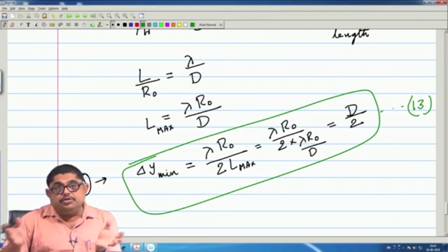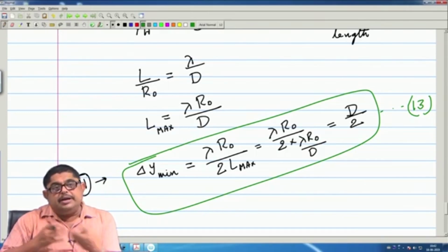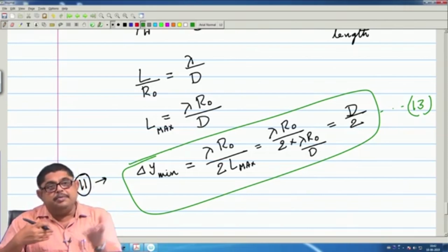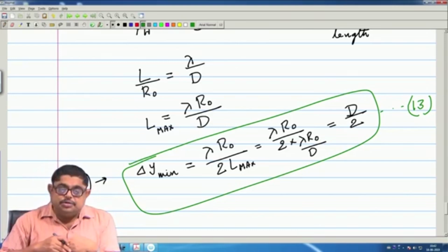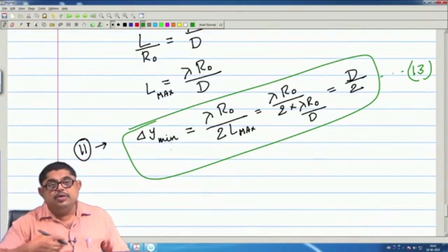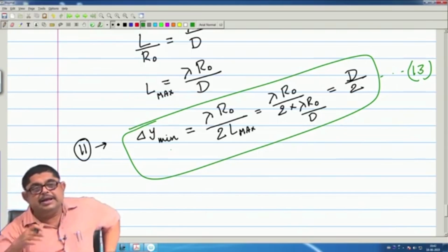When we discussed pulse compression, we saw that if you want better range resolution, you should have a short pulse, but a short pulse will not be able to carry power. So, that is why pulse compression was invented: you have a long pulse, you carry power, but at processing time you get the benefit of the small pulse. Similarly, here in SAR, you synthesize the antenna, but up to a limit.